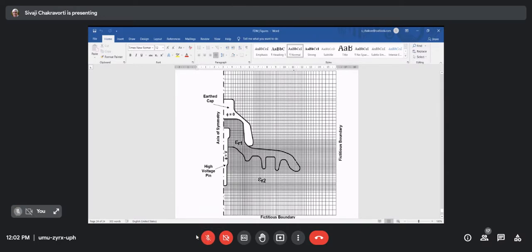So what I have done is I have discretized this region of interest. Now you can always ask up to what distance from the insulator my region extends. That I will explain at a slightly later stage; there are certain rules for that. As you can see on the right side, there is something called a fictitious boundary, which we will define. Then you have a bigger rectangle, and within this bigger rectangle I have this earth electrode, this one. You can see my mouse moving here, the earth cap on the top.